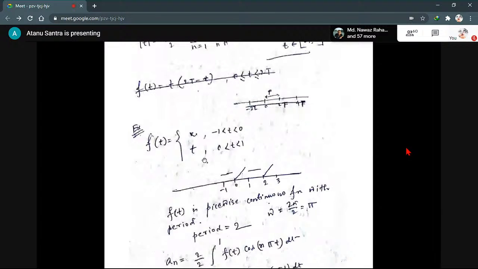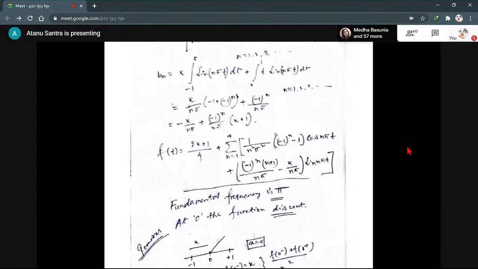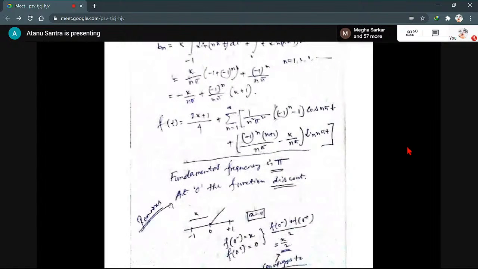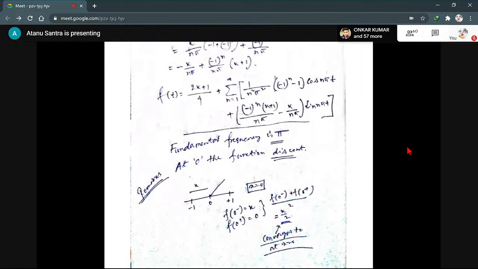Fine. So this is what I am trying to say here. Yes, this is the remark actually. The fundamental frequency is pi, and at 0 the function is discontinuous, right? So this is the catch of today's lecture.